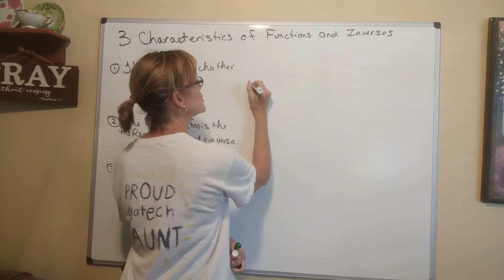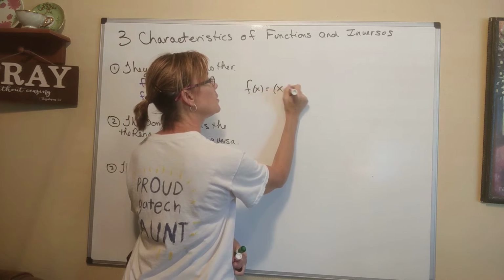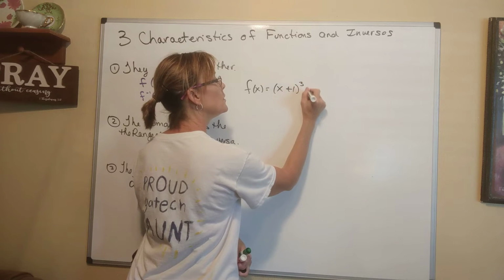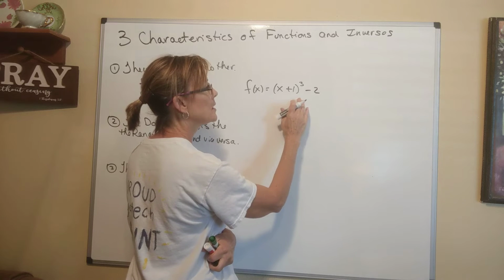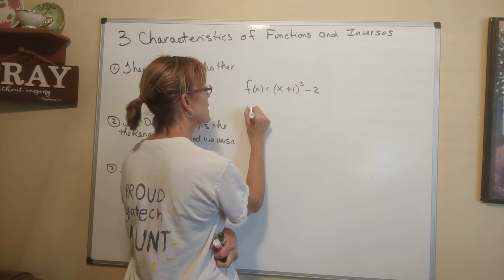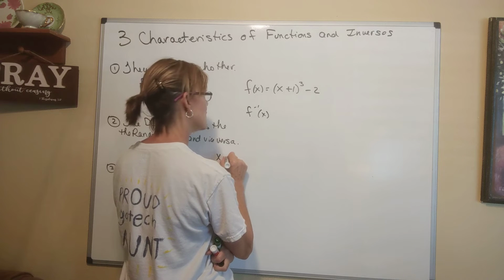If I've got this function f of x, which is equal to x plus 1 cubed minus 2, it has an inverse. So just one second while I figure out what the inverse is.